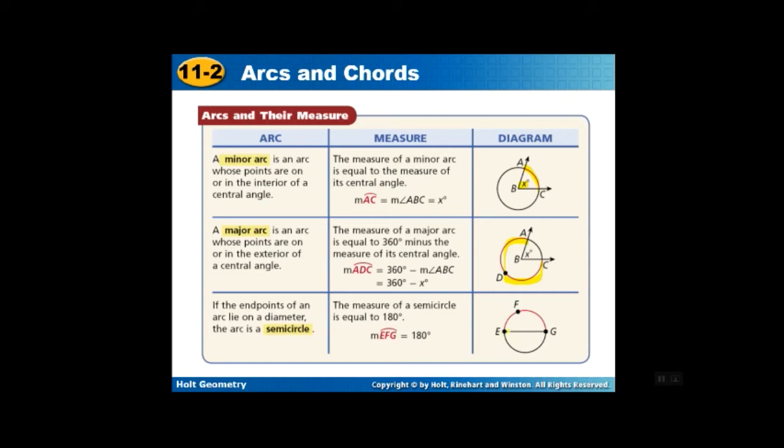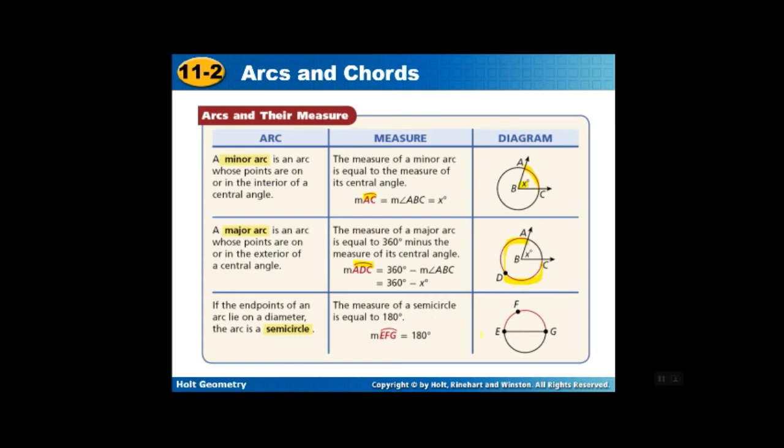We can name the semicircle in 3 letters, E, F, G. And the minor arc, we name it by 2 letters, A, C, and we wrote the sign of the arc on AC. The major arc can be named in 3 letters, A, D, C, and also with the sign of the arc.